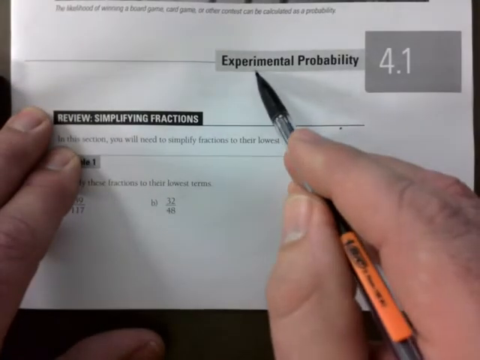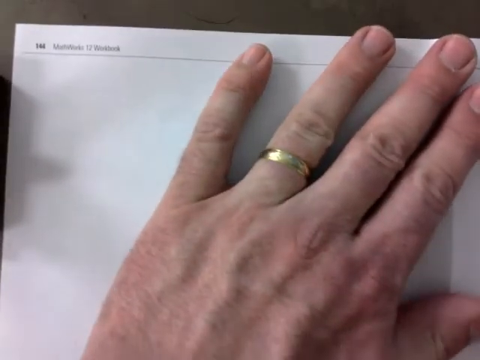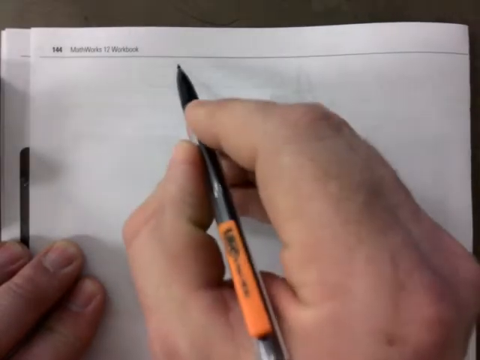Before we move into experimental probability, I want you to flip over to that second page. There's a blank section there. We're going to make a distinction between the two types of probability that we're going to be talking about. So on page 144, you have that half a page that's blank, and that's there for a reason. So there's two types of probability.